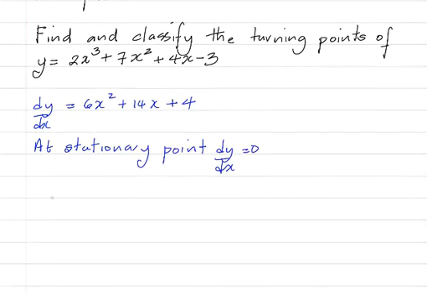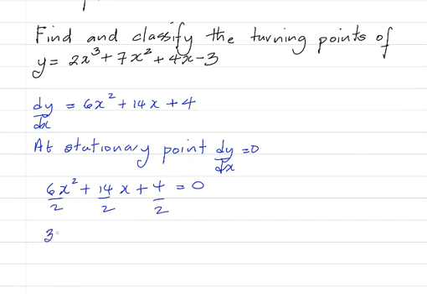So we're going to have 6x squared plus 14x plus 4 is equal to 0. I can divide the entire equation by 2. I'm going to have 3x squared plus 7x plus 2 is equal to 0.